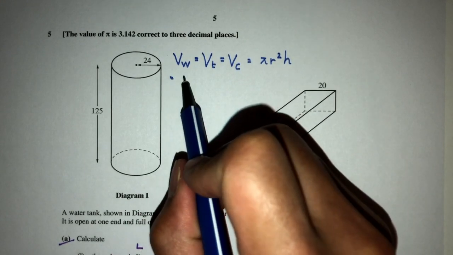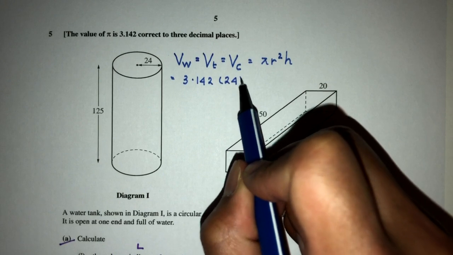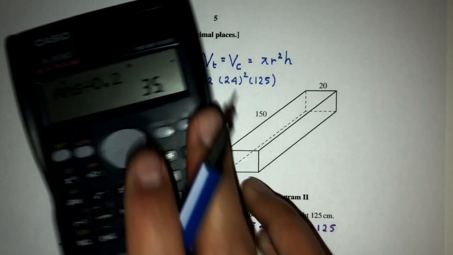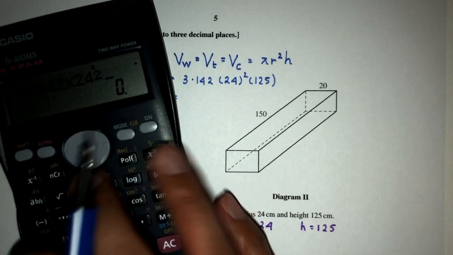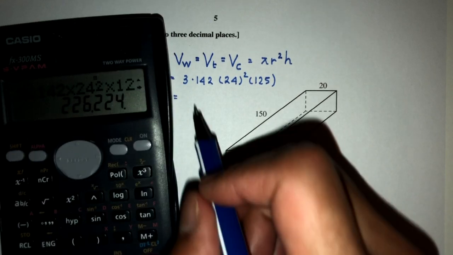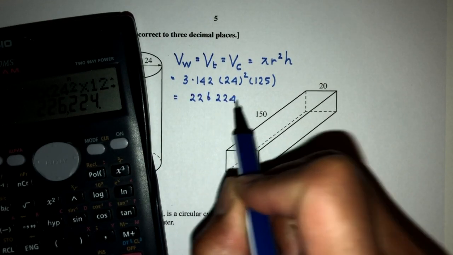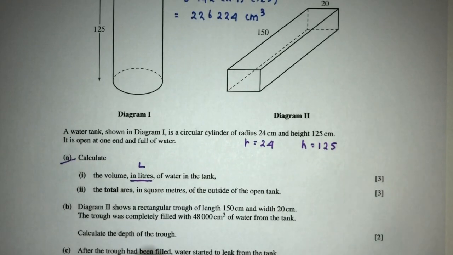That will be pi is 3.142, r is 24 square, h is 125. Let's see, what do we have? So that will be 3.142 times 24 square and times 125. That will be 226,224 centimeters cube.